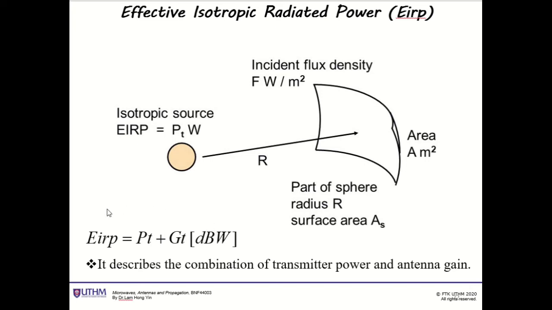For example, you have an access point, a router that transmits a power of 100 milliwatts, and you are using an antenna of 5 dB. So you need to add these two, transmit power and antenna gain, to get the value of EIRP. Okay, we will look into it in more detail in the propagation chapter.